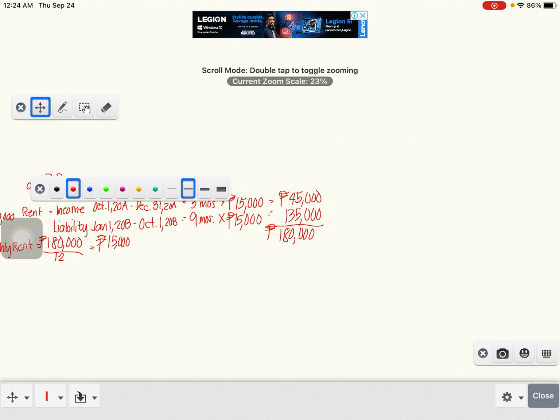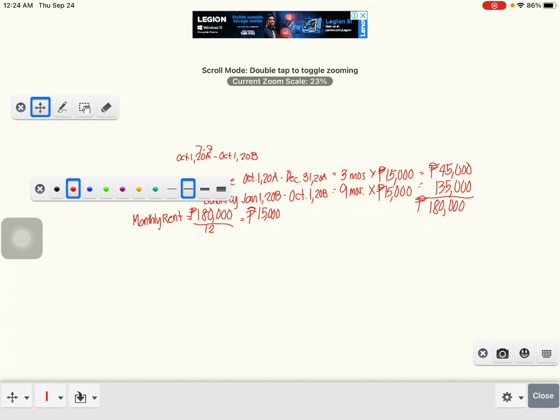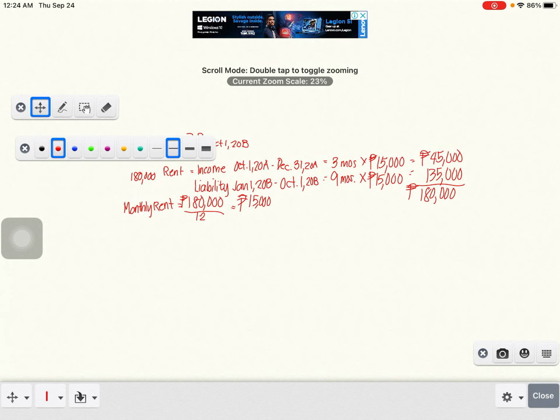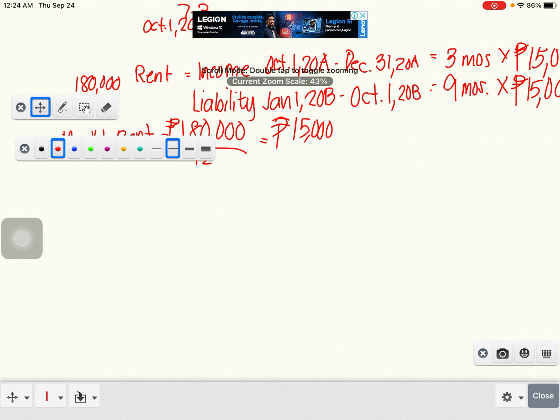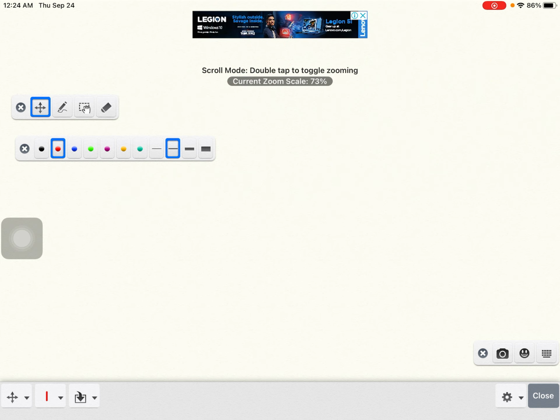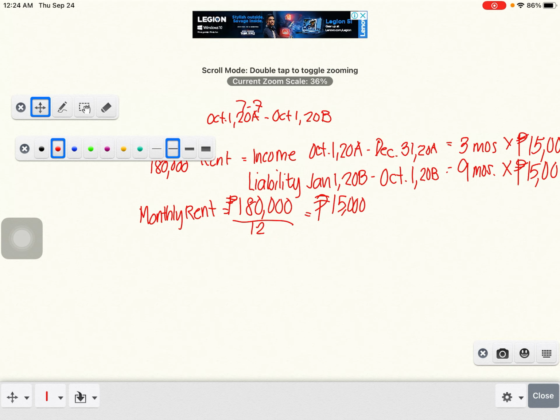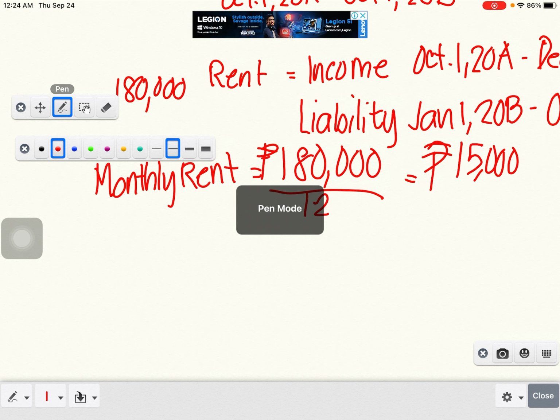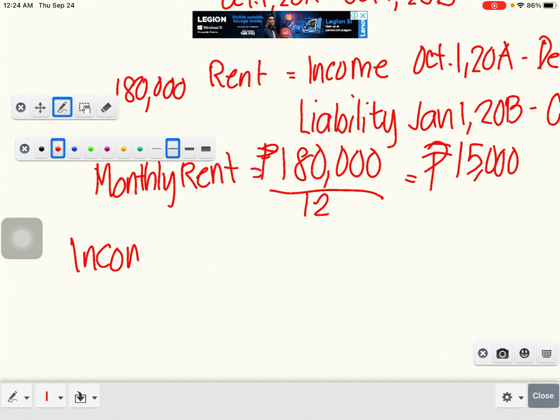So with this solution, is it income or liability? So we go to each question. The income method is used.